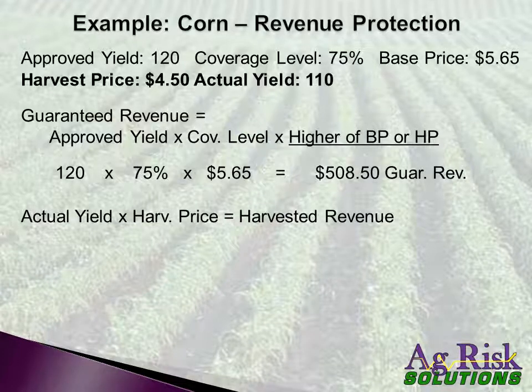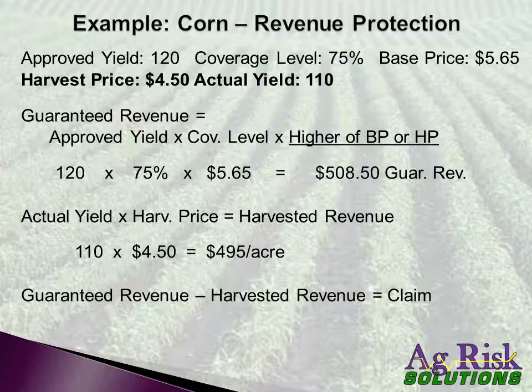Our actual yield times our harvest price will equal our harvested revenue. So in this case, we take 110 for our yield, $4.50 harvest price, and we get a harvested revenue of $495 per acre. So to calculate our claim in this situation, we take the $508.50 minus $495, and we're looking at a $13.50 claim.